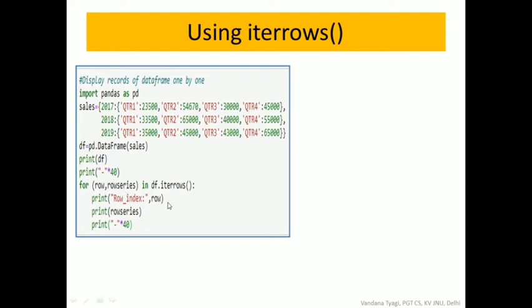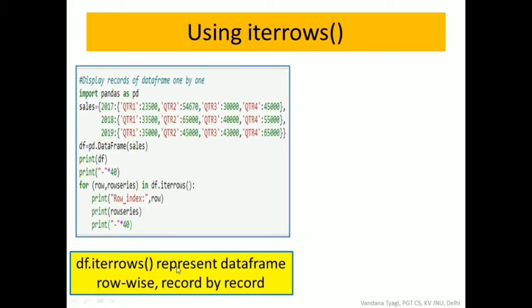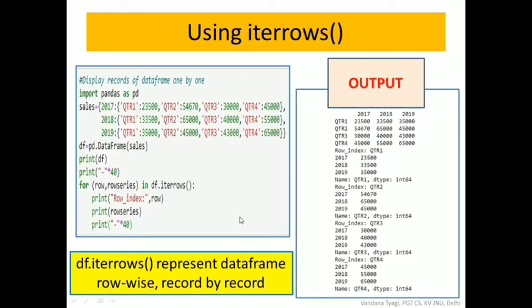Then when we print row and row series, it will display the results. Let's see the data record by record. In this data frame the structure is as shown: the outer keys are my column headings, the inner keys are my quarters, and these are the row headings.